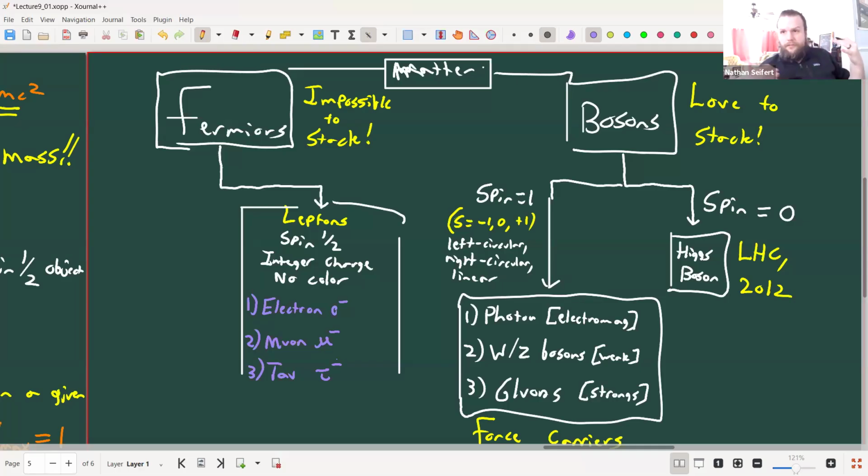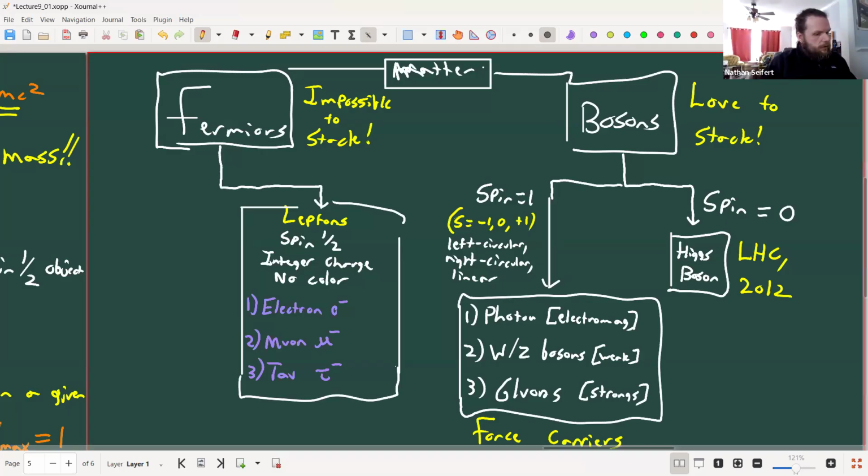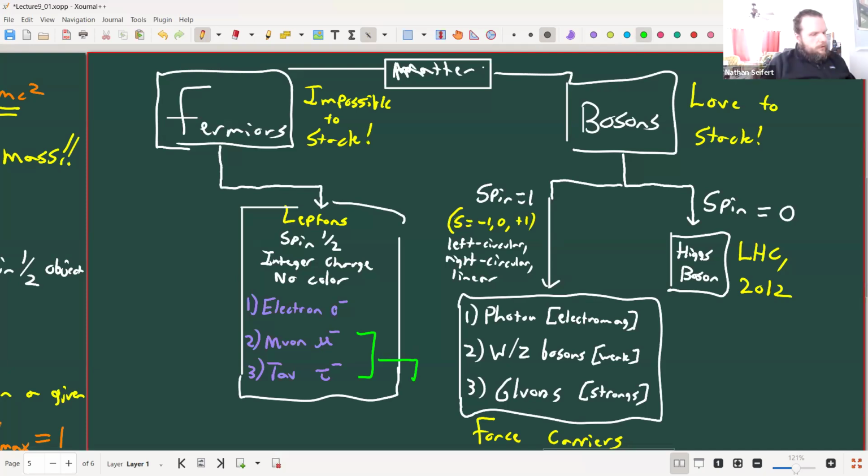The muon and the tau are very heavy. I'll write the masses down in just a second. And the electron is very light. You can kind of think of these as excited states of the electron, like excited electrons.